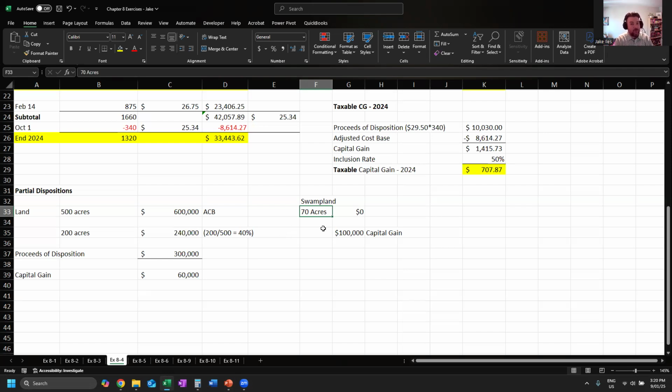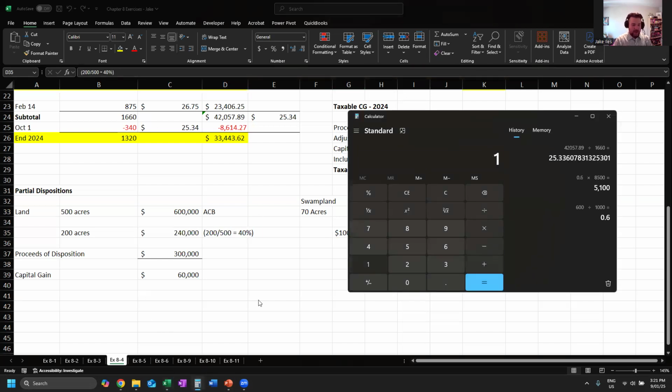So you can reasonably argue that a certain amount of acres had $0 of cost. So if someone paid us $300,000 for, and included in the land they bought was that 70 acres of swampland, we can say, well, $100,000 of it was for the swampland, so that's purely gain. And then we would portion the rest. Well, if 70 acres was swampland, then really it was 130 of the 430, right?